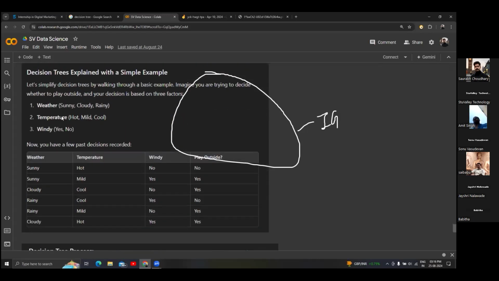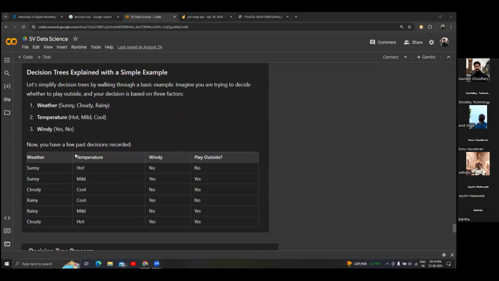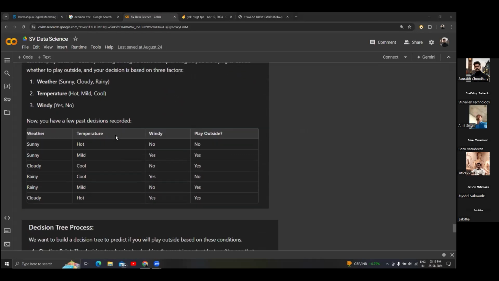Okay, let's do an example very fast. For weather, I will calculate the Gini impurity and all this. For temperature and windy, you have to do it. We have data: weather, temperature, windy, and according to that you decide whether you go to play outside or not. Suppose it is sunny, the weather is hot and there is no wind.